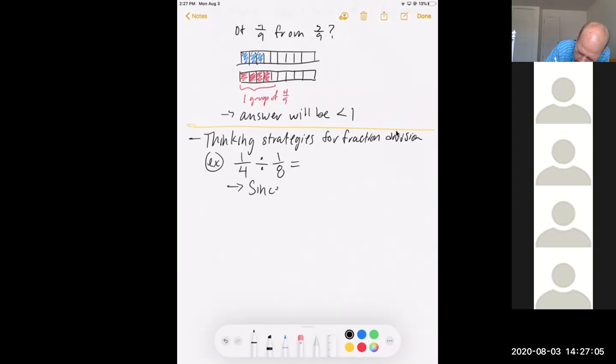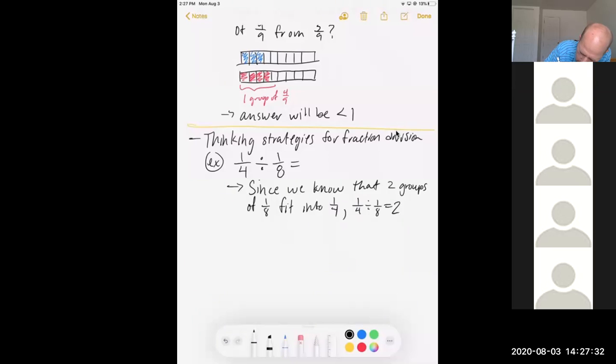I'm going to write this out. Since we know that 2 groups of 1/8 fit into 1/4, then 1/4 divided by 1/8 is equal to 2.